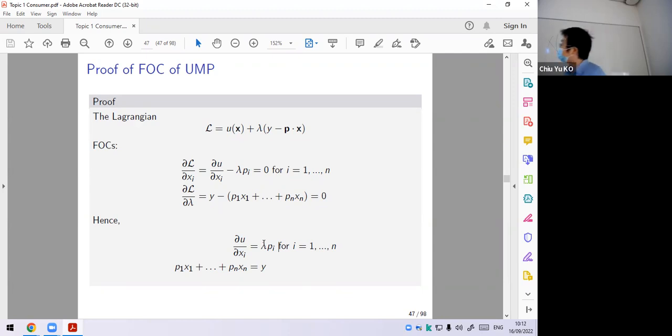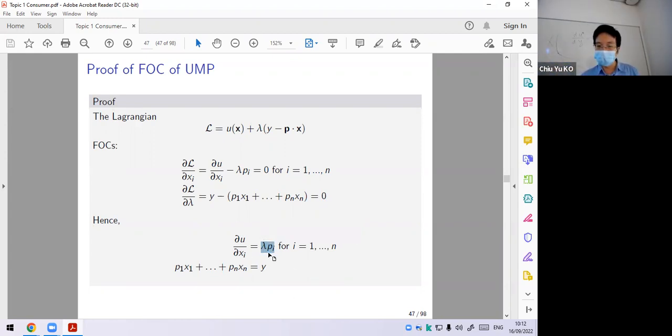So in the optimal, they're the same. One side is how much you gain by giving you one more unit, and the other side is the cost of giving one more unit, because if you get one more unit, you have to pay this much, and this much is worth lambda to you. So that is the idea of this statement.